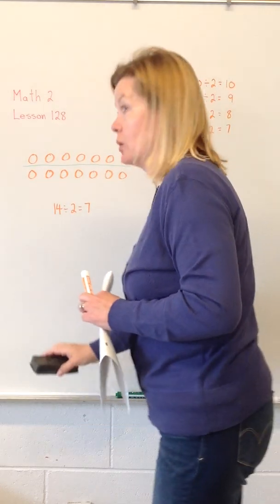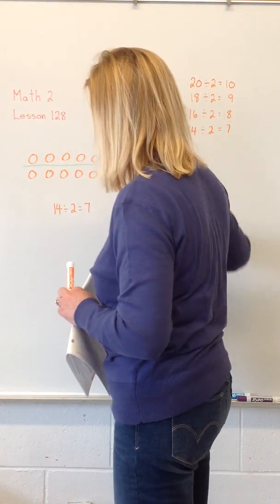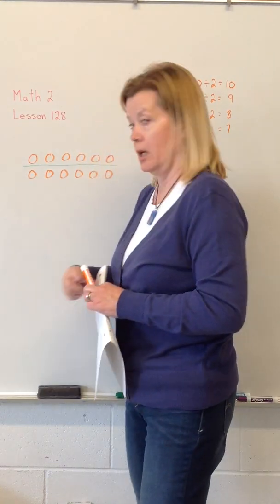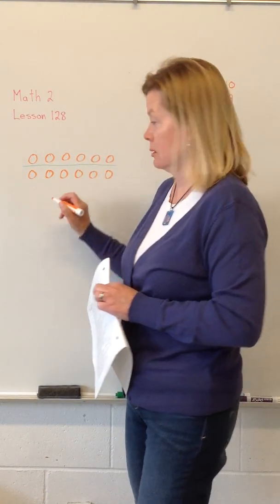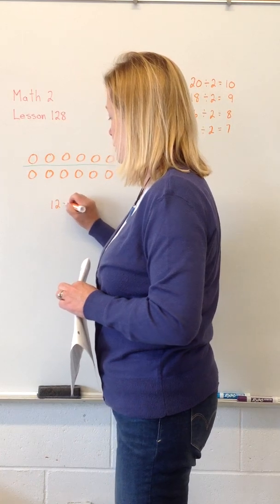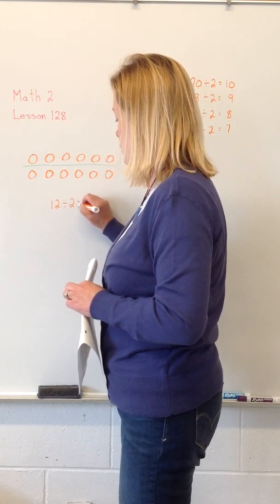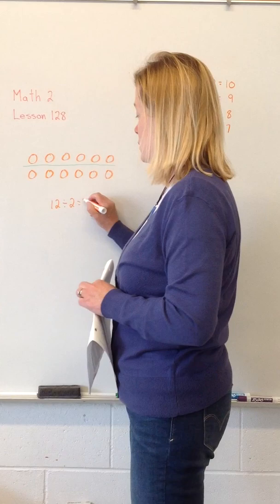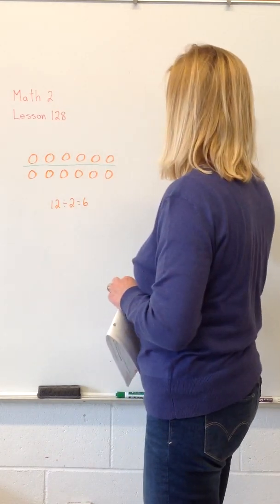All right, take away 2 more children. How many children do we have now? 12. Remember, they're divided into 2 groups, so how many in each group? 6.